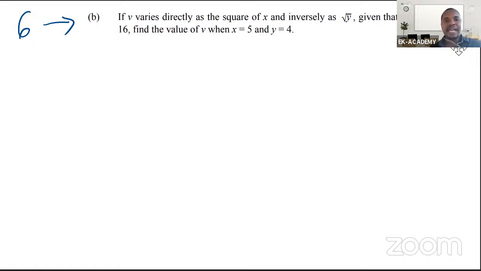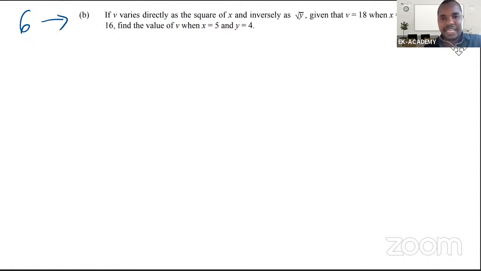If V varies directly as the square of X and inversely as the square root of Y, it means V is directly proportional to the square of X and inversely proportional to the square root of Y. Given that V is 18 when X equals 3 and Y equals 16, find the value of V when X equals 5 and Y equals 4.